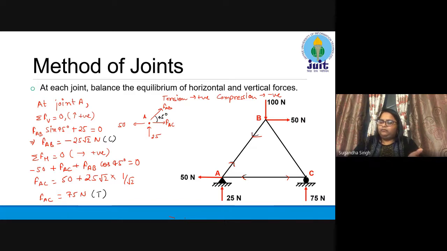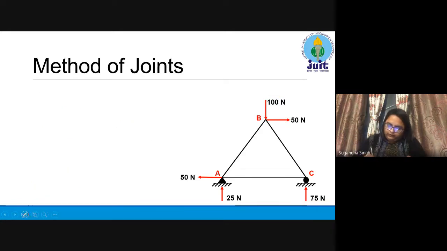So we start with joint C. So at joint C, let's make the forces here.